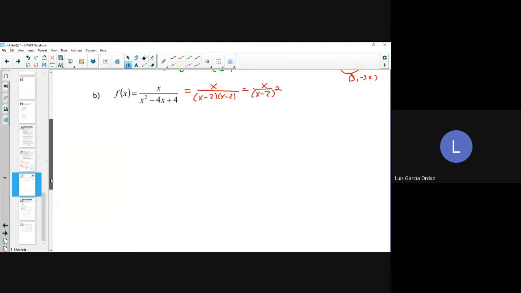So now I need to figure out my first thing, which is my domain. So what is my domain for my rational function over here? So domain, we know it's x in R, but we have a condition. What is that condition? x cannot equal 2.